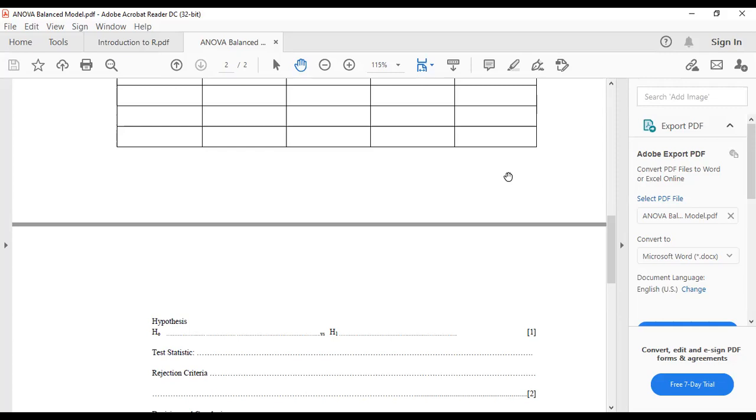And then we say at 5% level of significance, we have no sufficient evidence that the three brands have the same effect.